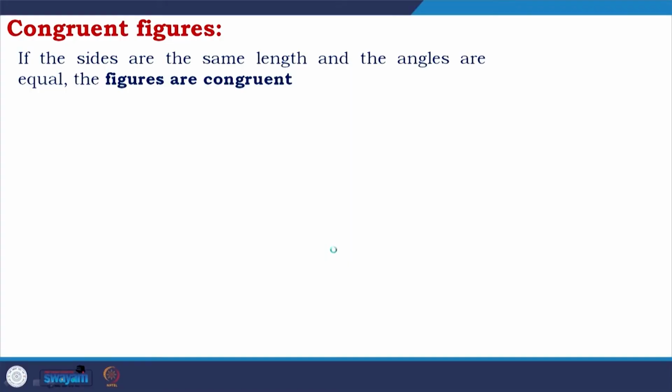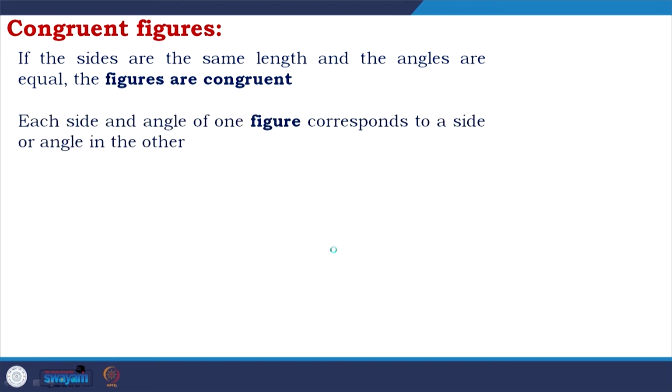So, what are they? For a congruent figure or congruent pair, if the sides are the same length and the angles are equal, then the figures are called congruent. Each side and angle of one figure corresponds to a side or angle of the other. We call these corresponding parts.